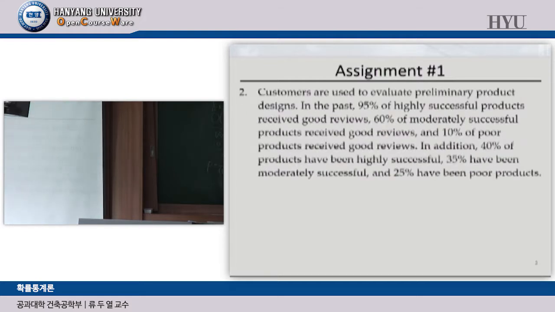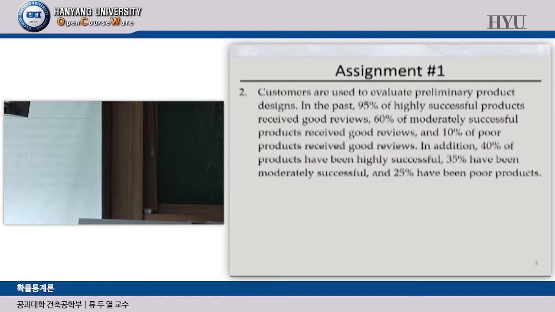And this is the second question. Customers are used to evaluate the preliminary product design. In the past, 95% of highly successful products received good reviews, 60% of moderately successful products received good reviews, and only 10% of poor products received good reviews.